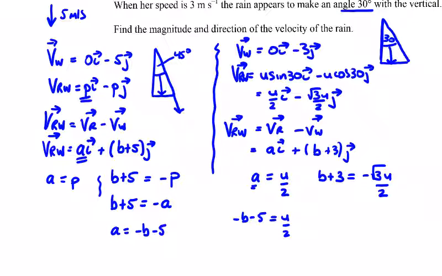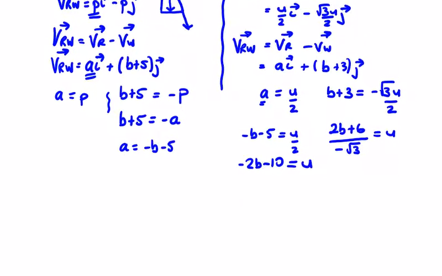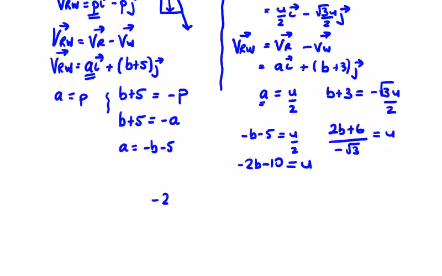So let's solve for b. We're going to get minus 2b minus 10 is equal to u. And on this side we could get 2b plus 6 is going to be equal to minus root 3 u. So divided by minus root 3 is equal to u. So if I equate these two things, I'm going to get minus 2b minus 10 equals 2b plus 6 over minus root 3.